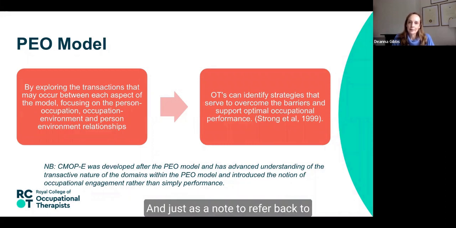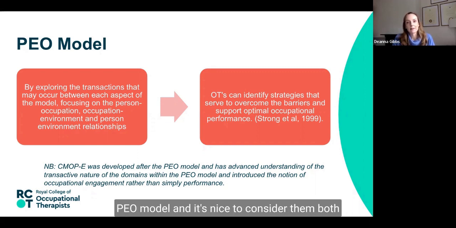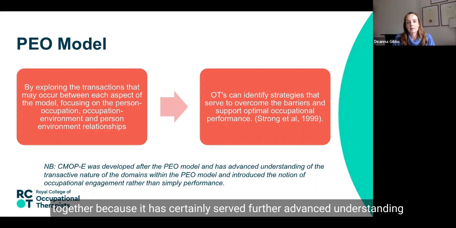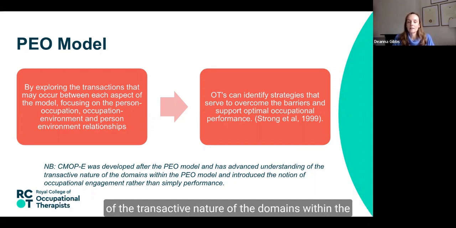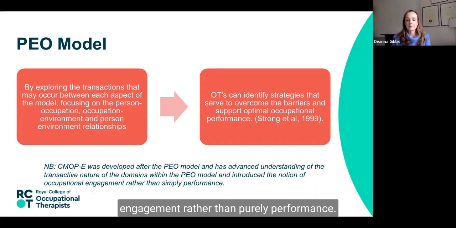And just as a note to refer back to the CMOPE, it was developed subsequently to this PEO model, and it's nice to consider them both together because it has certainly served to further advance understanding of the transactive nature of the domains within the PEO model, and also introduce the notion of occupational engagement rather than purely performance.